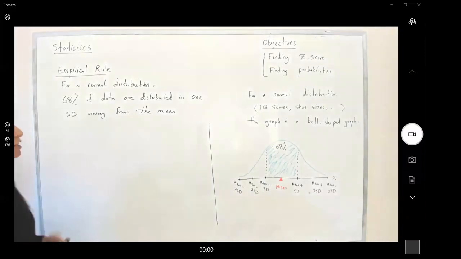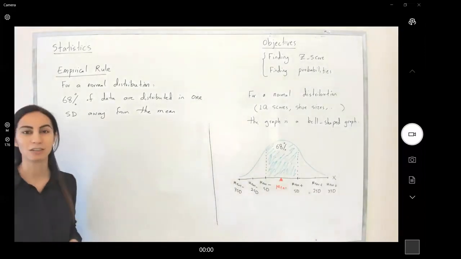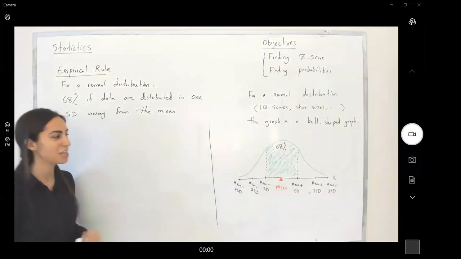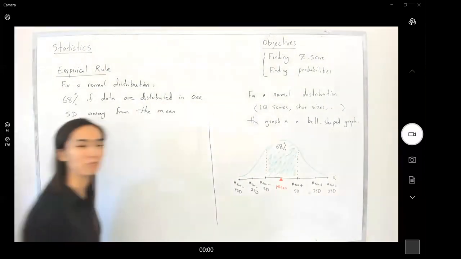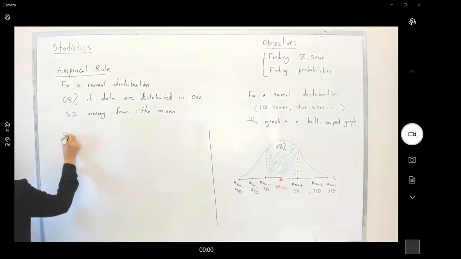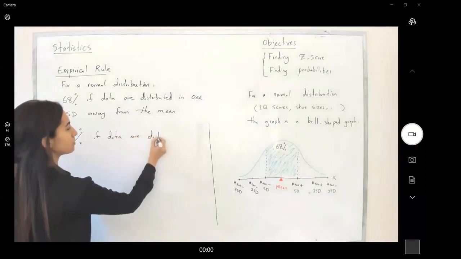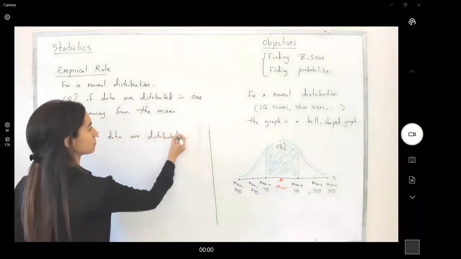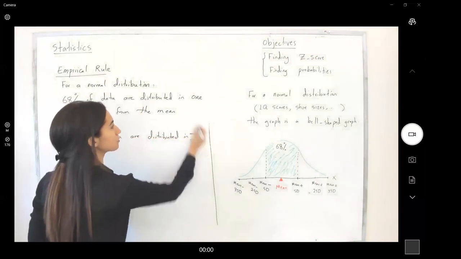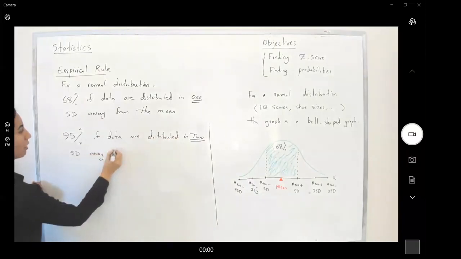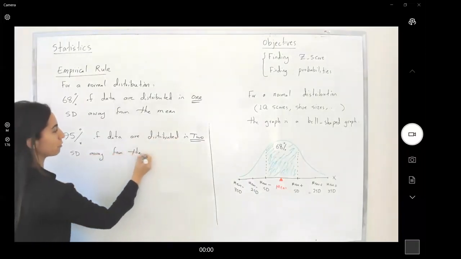It says 95% of the data in your collection for a normal distribution are distributed within 2 standard deviations of the mean. So 95% of data are distributed in 2 standard deviations away from the mean.